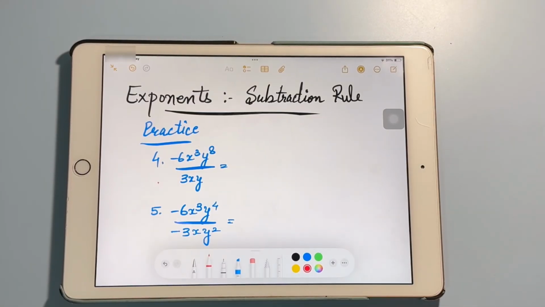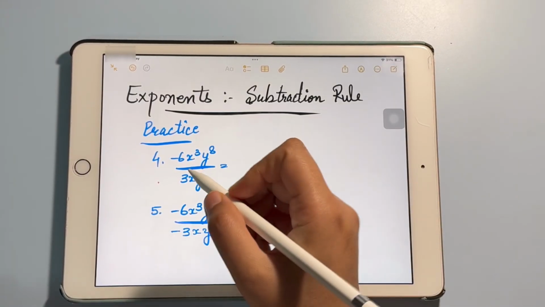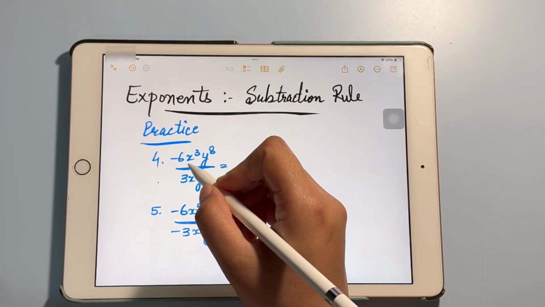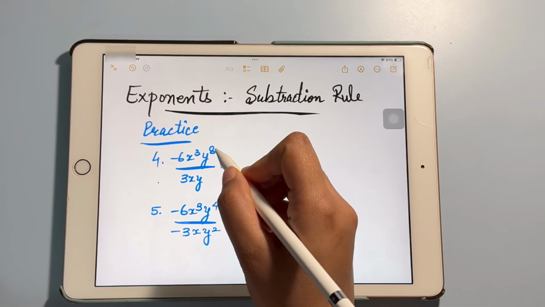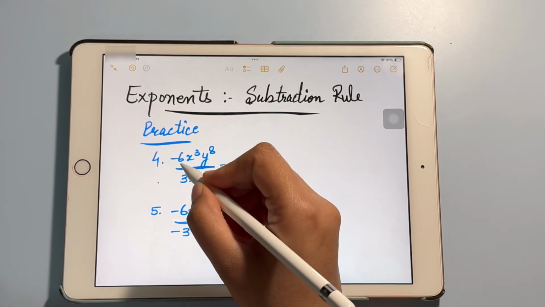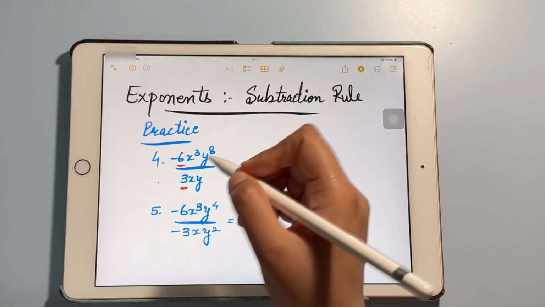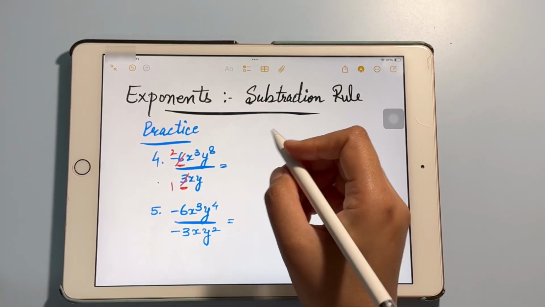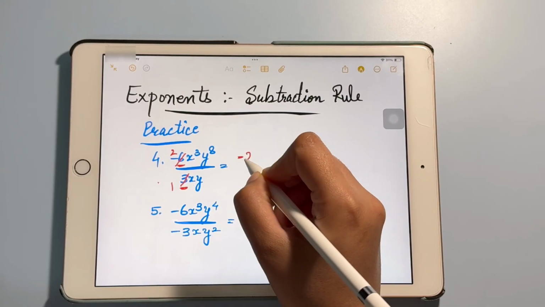Okay, now let's start with our next sum, number 4. Here we have minus 6x cube y raised to power 8 upon 3xy. So let's solve the constant term first. So 3 ones 3, 3 twos 6. So we are left with minus 2.